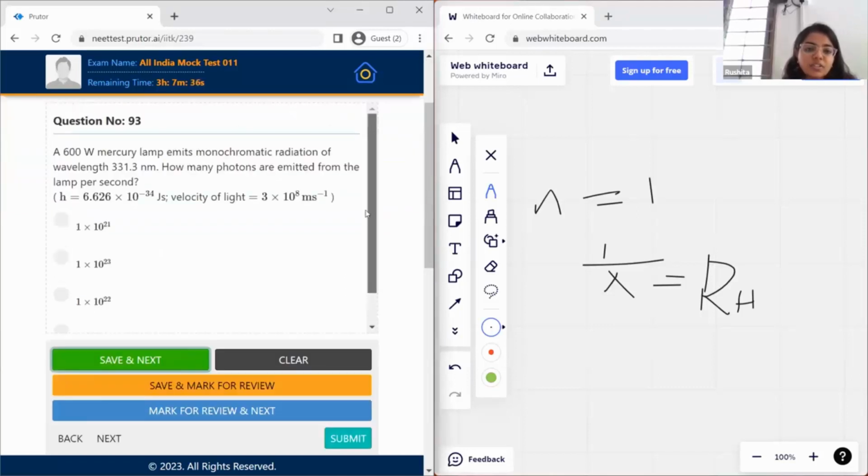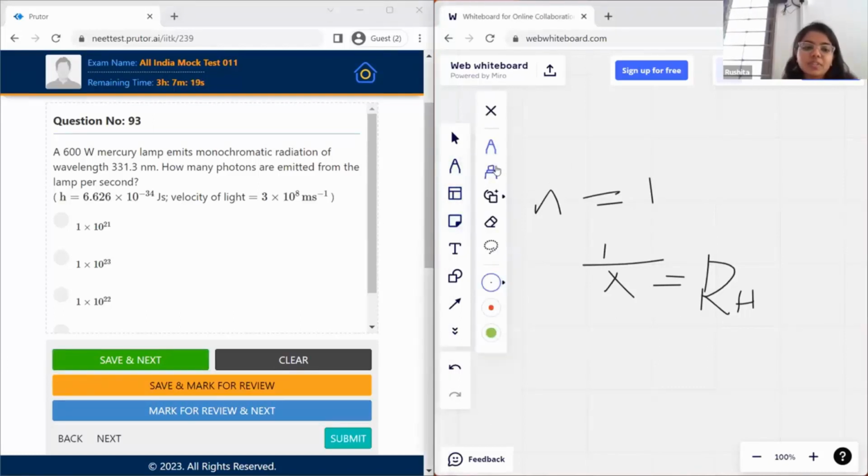Then question 93: a 600-volt mercury lamp emits monochromatic radiation of 331.3 nanometer. How many photons would be emitted per second? There's a formula for that also, which is E equals hc by lambda.